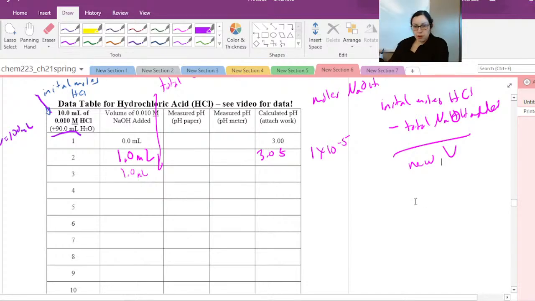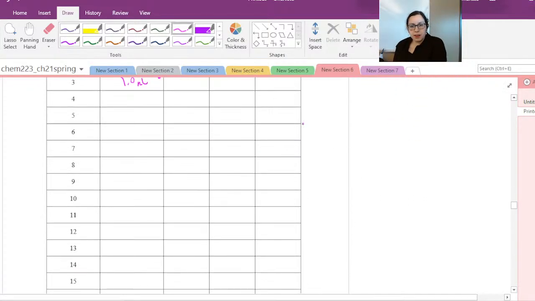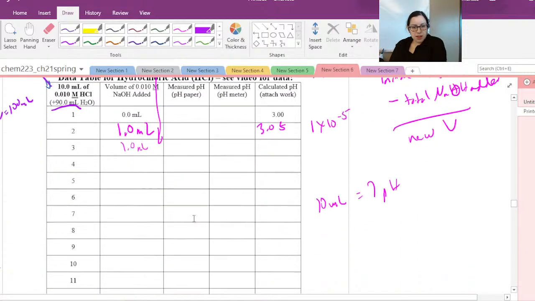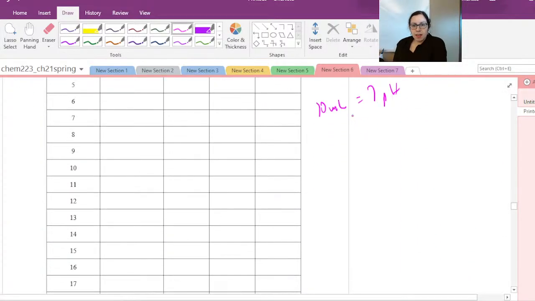Then that takes you to the equivalence point. So equivalence point, right, you don't really need to show any work for that. So 10 mils, right, 7 for our pH, since it's a strong acid, strong base scenario. And then afterwards, you're just figuring out excess hydroxide, right?